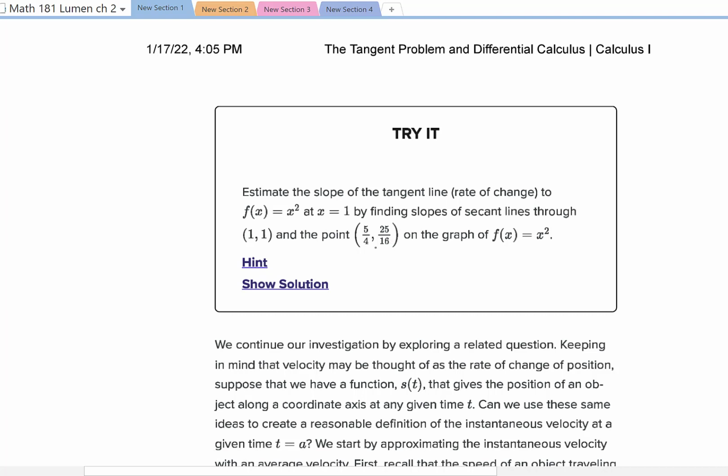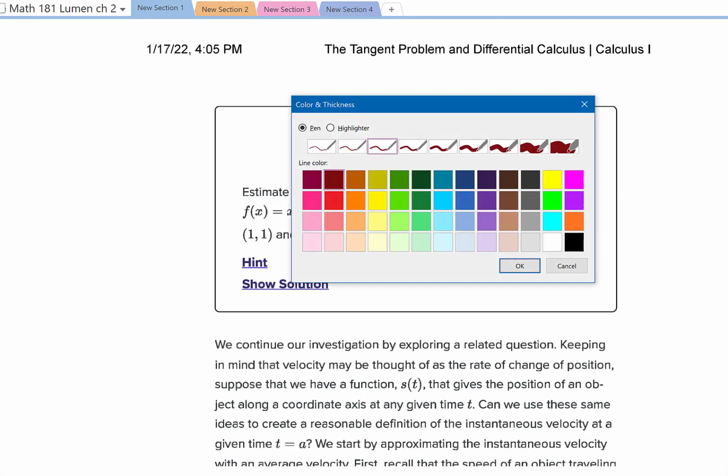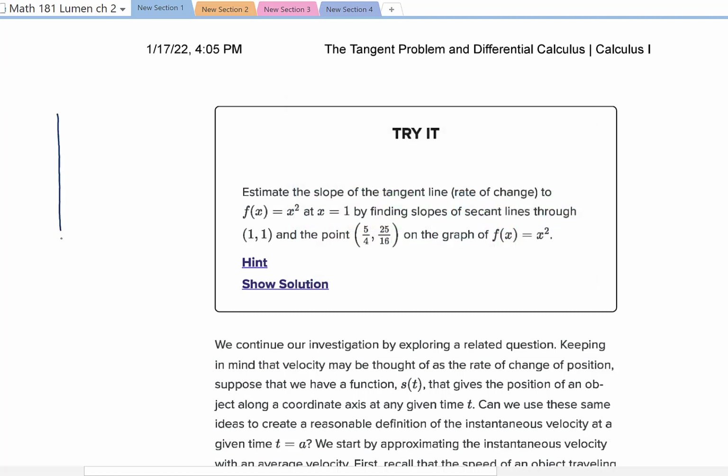So let's get even closer. If you recall what we had, we would have this curve. Let me draw it over here.